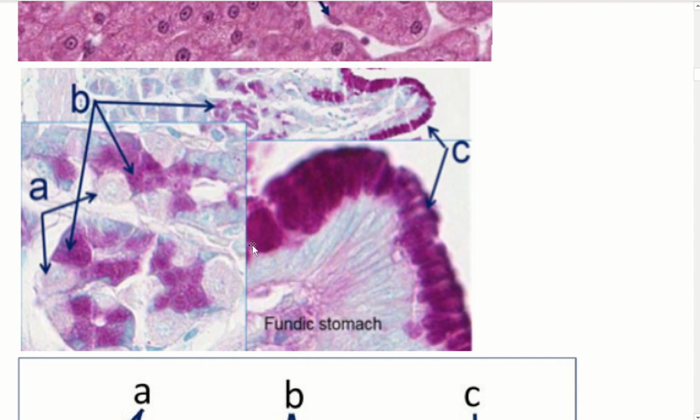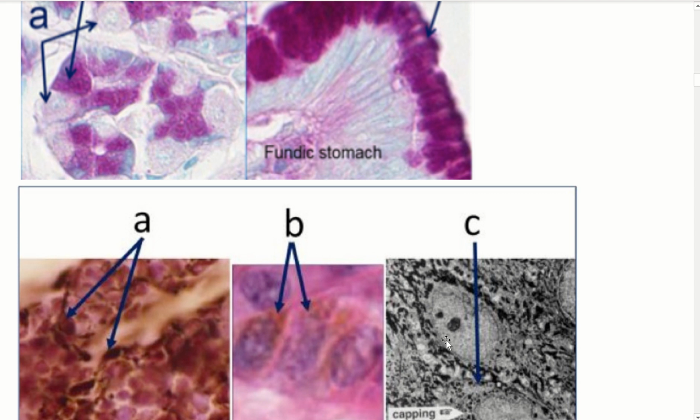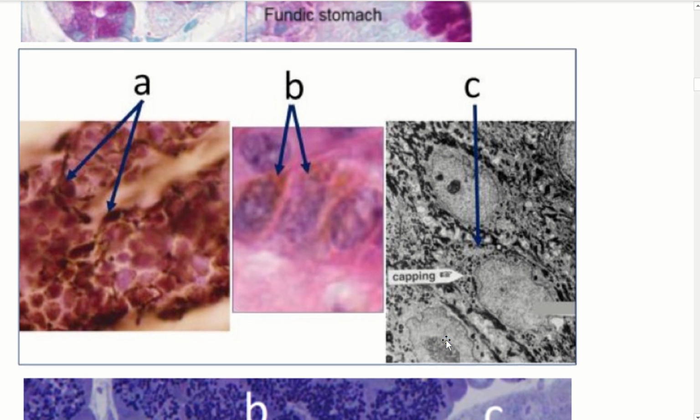Mucus neck cells. And then these right here, these are also mucus producing cells in the fundus stomach, but they're more on the surface of the fundus stomach. So these would be our surface mucus cells. Surface mucus cells. Okay, they're also very dark staining, right? Because they're very sugar rich from all that mucus.